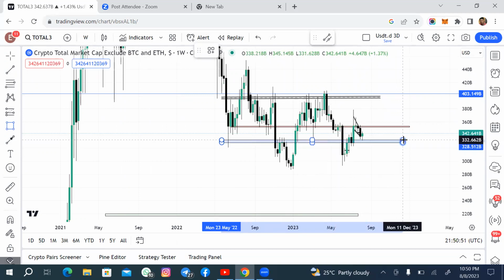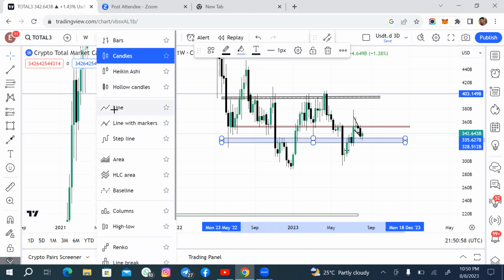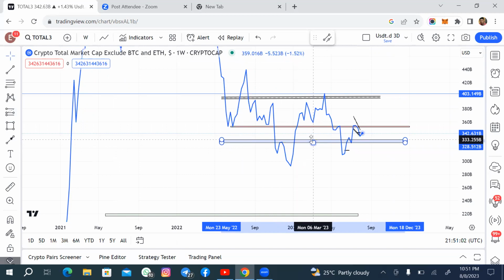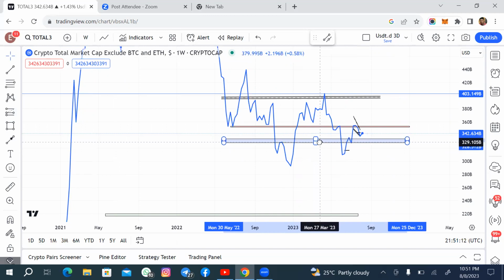You see it? We have another key level somewhere around there, because price reacted from there twice. You see it here and then here. So I'm going to just map out this zone and make this my key level.